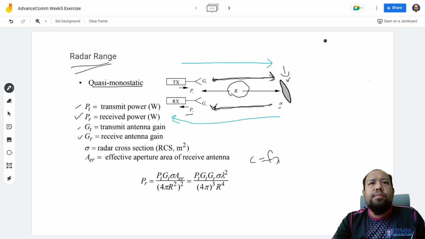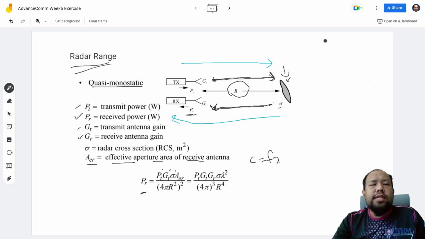We can get it based on the receive power that we get from the receiver, so we have this equation. The receive power PR is equal to PT times GT times sigma times AER, where AER is the effective aperture area of the receive antenna.